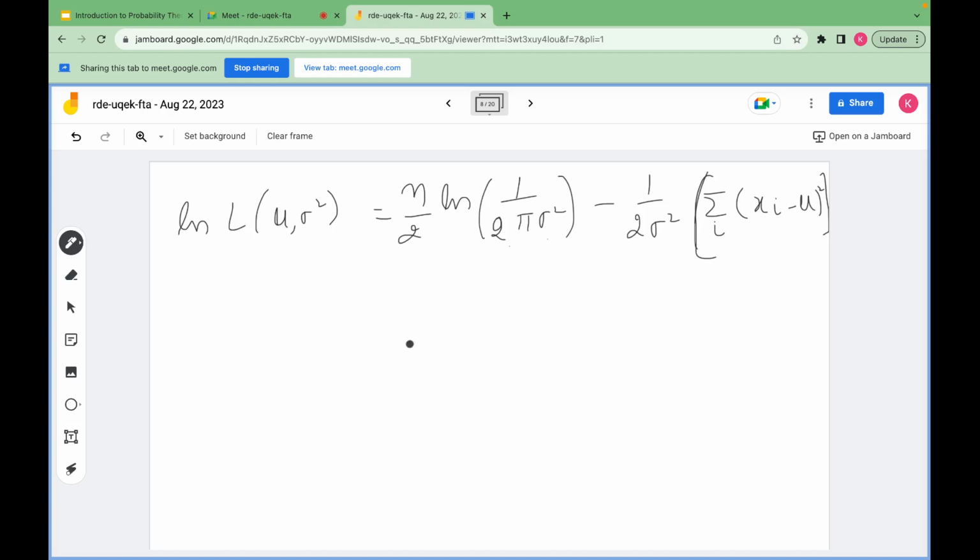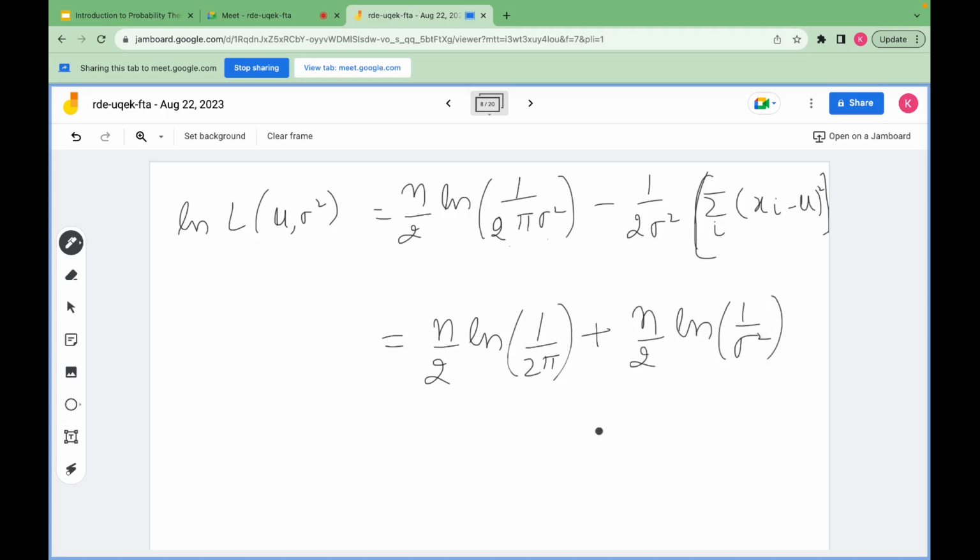By doing that, our expression will become easy. We can write it as n by 2 ln 1 upon sigma square minus 1 upon 2 sigma square summation of (xi minus mu) square.